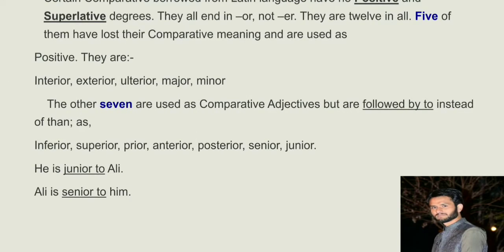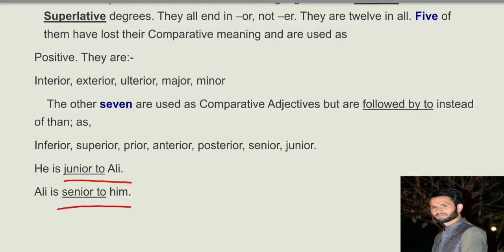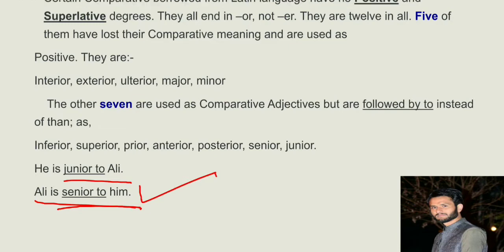Examples are: he is junior to Ali, and Ali is senior to him. We cannot say he is junior than Ali, so it would be incorrect. The same is the case with Ali is senior than him, which is incorrect. The correct form is Ali is senior to him.